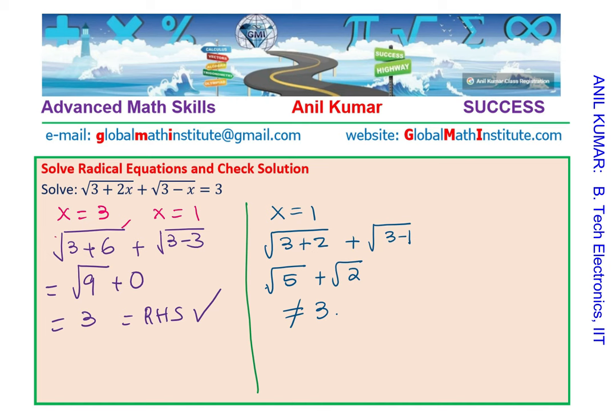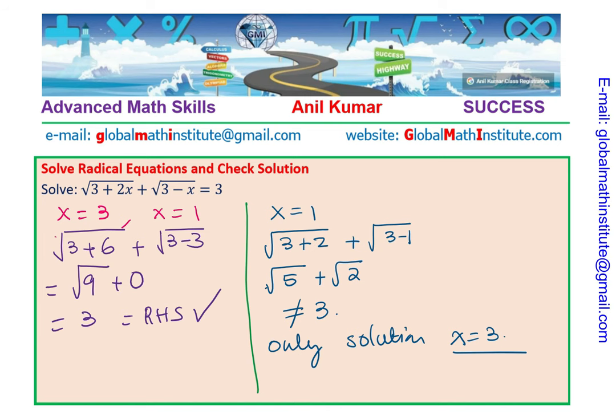So the only solution here is x equals 3. Makes sense? So that is how we could figure out that there is an extraneous root and there is one solution, which is x equals 3. Makes sense, right? So that is how we should be solving this particular question.